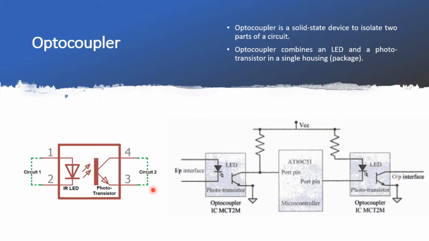You have a sensor at the input side, the sensor will be communicating to the controller, and the controller will then communicate accordingly to the actuator. So sensor, controller, actuator, and then comes the optocoupler, as I told you, because these sensors and these actuators will be operating at different voltage levels. So it is always better to have electrical isolation between them, but without losing data. The communication should happen properly.